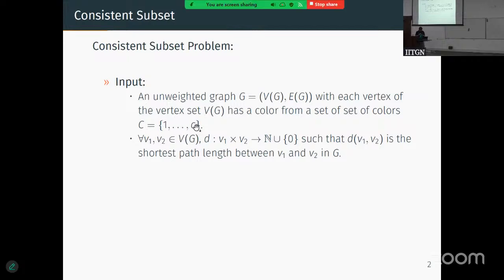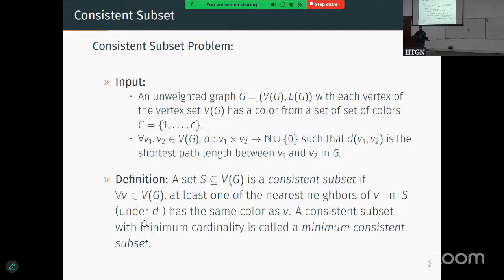A subset S of the vertex set is said to be a consistent subset if, for every vertex v, at least one of the nearest neighbors of v in S has the same color as v.